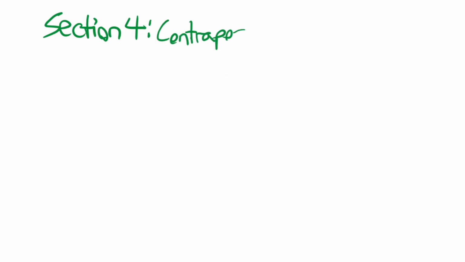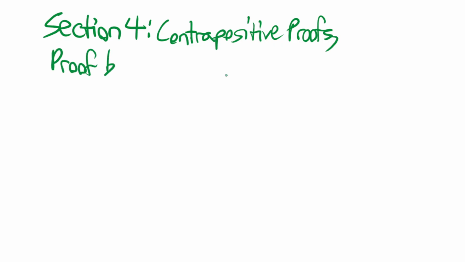Welcome to Section 4 of Mathematical Proofs, and in Section 4 we are going to look at contrapositive proofs, proof by cases, and proof evaluations.